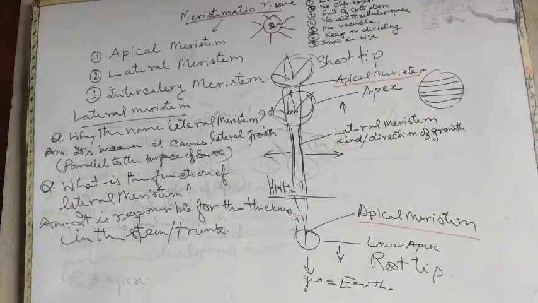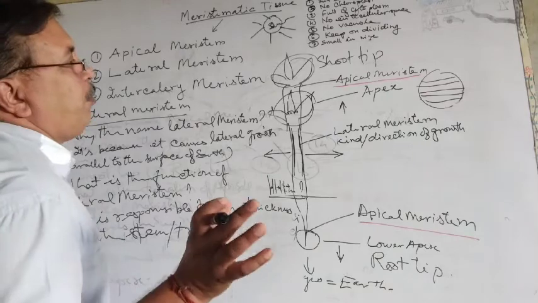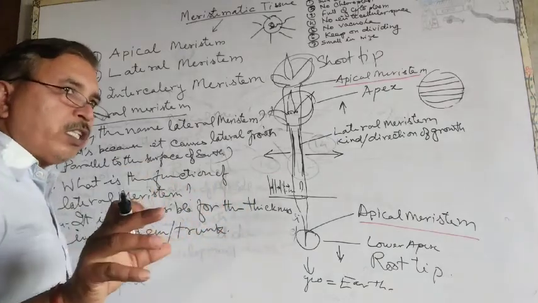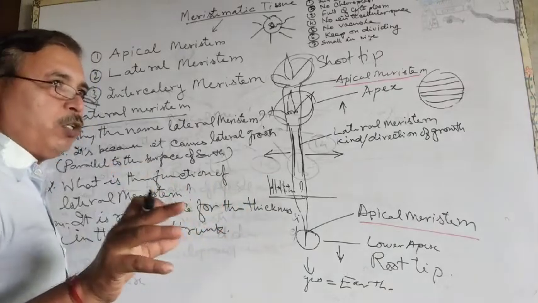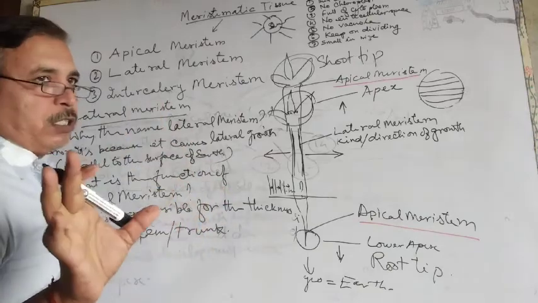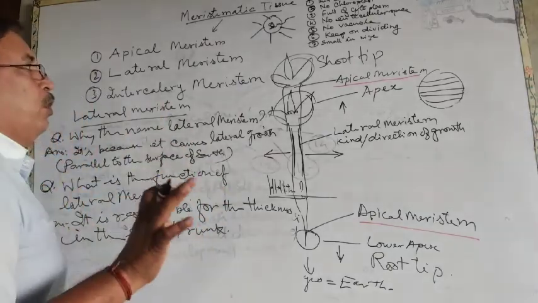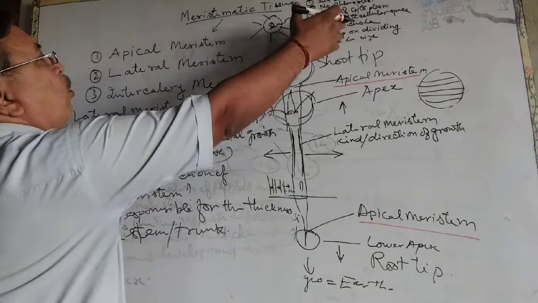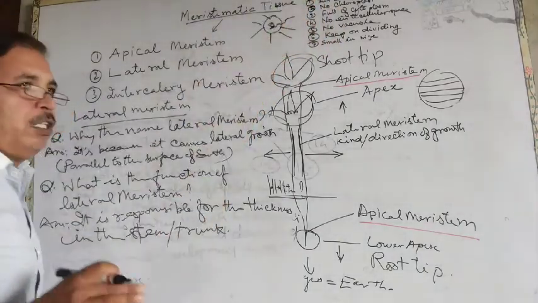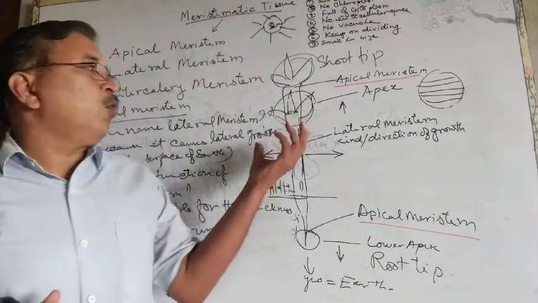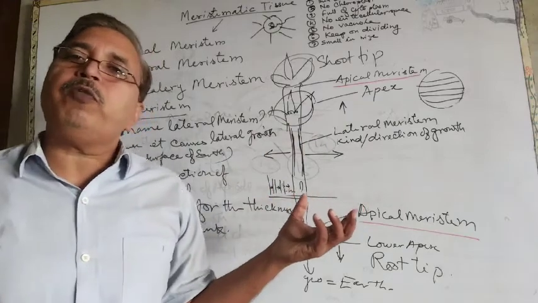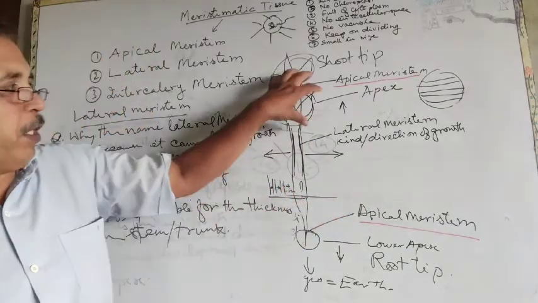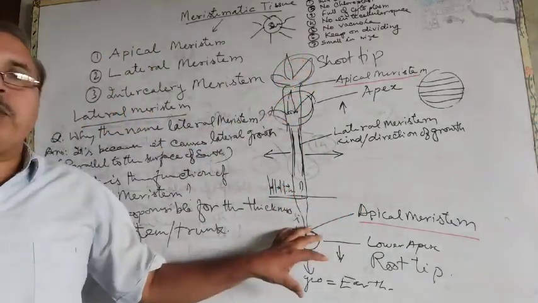This is all about the lateral meristem. So you must remember two aspects: where is the location, where will you find a particular tissue, and what is its function. These two aspects are very important. About the features of the cells I have already discussed in the previous video, right? So now I have a question, where will you find the apical meristem? In the apical region, the shoot apex and the root apex.